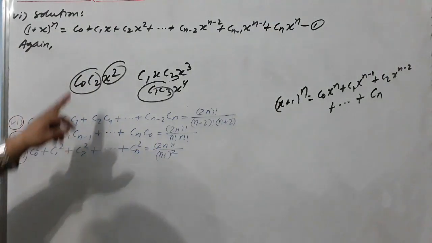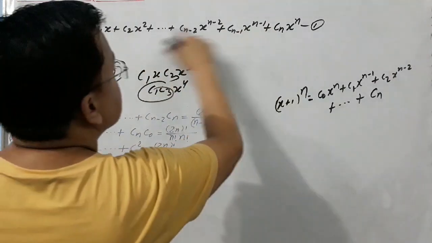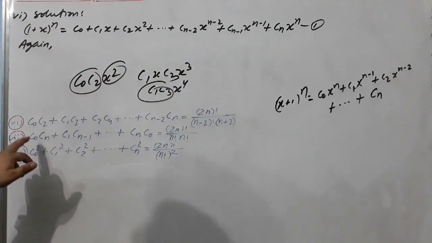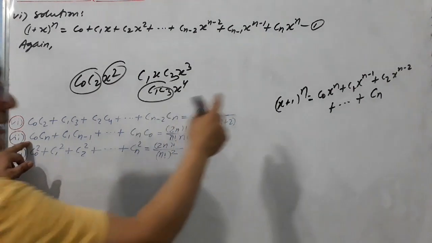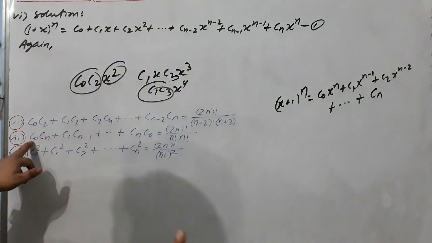Here in the sixth question we have to multiply this one, and in the seventh question you have to multiply by itself.